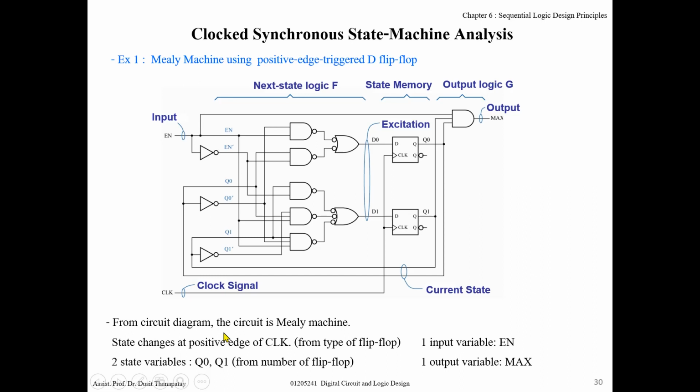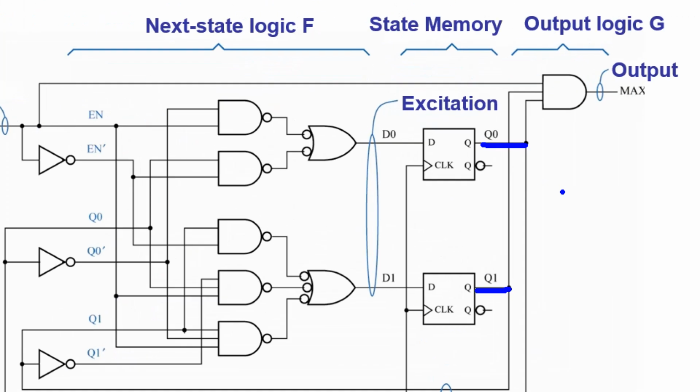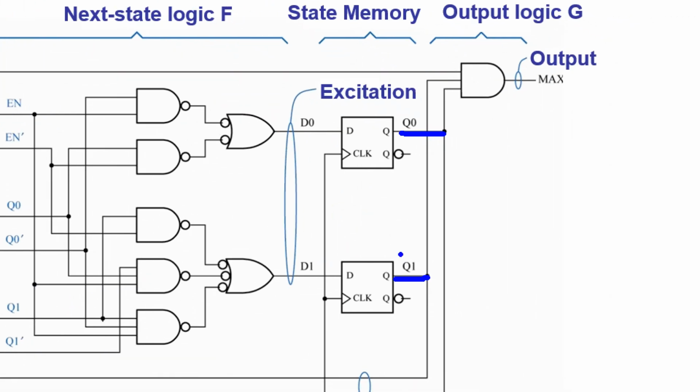Example 1. Let's consider this circuit. There are two flip-flops. That means there are two state variables, Q1 and Q0.